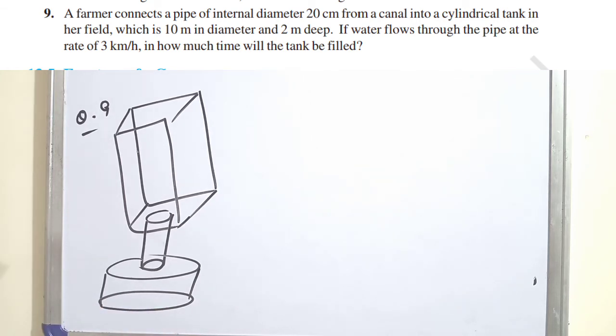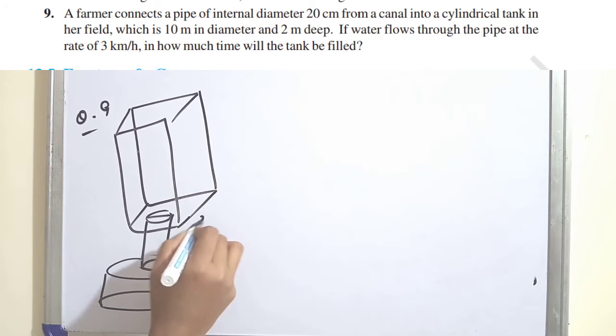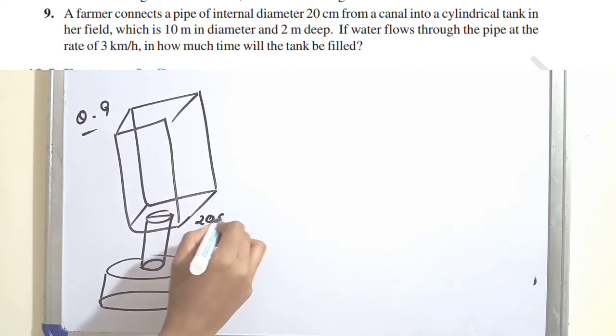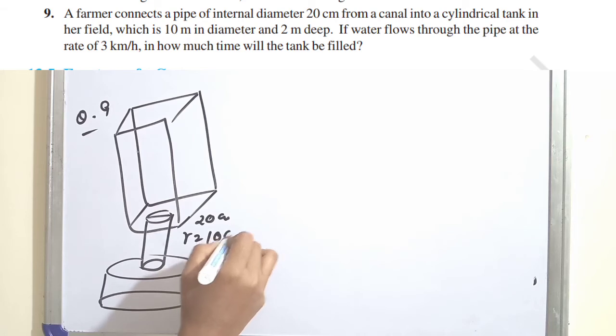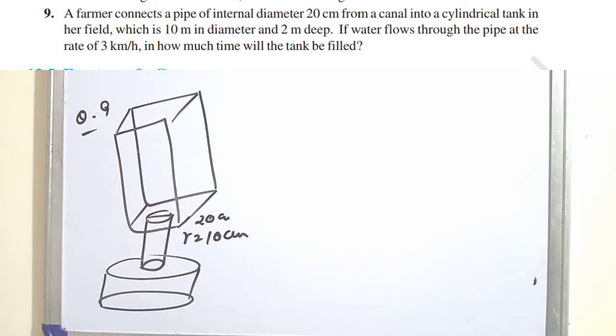So a farmer connects a pipe from a canal into a cylindrical tank, and it is given that this diameter is 20 centimeter, that means r is equal to 10 centimeter, and also given that this diameter is equal to 10 meter. That means suppose this is R2, radius is equal to 5 meter, and this height is 2 meter.